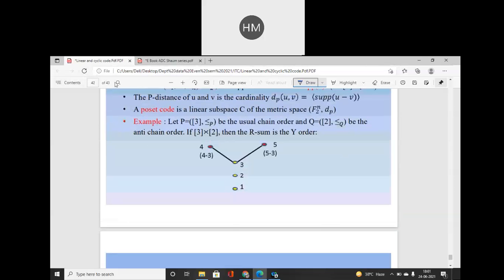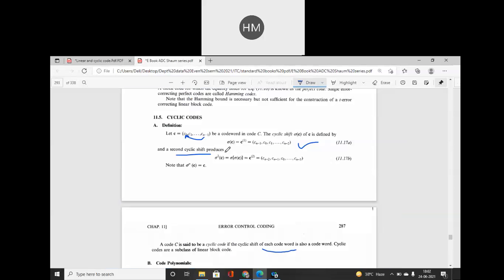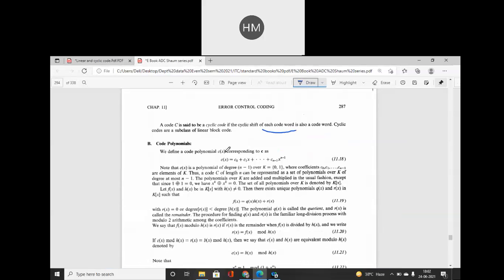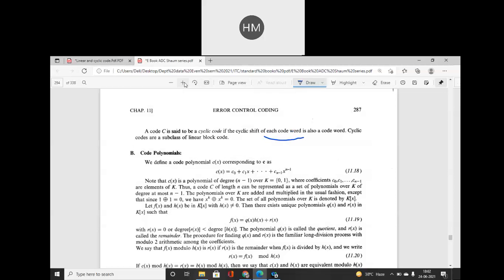So in continuation with this, now write down code polynomials. We define a code polynomial C of x as, you can write down equation number 1. C of x is a polynomial of degree n minus 1 over k.